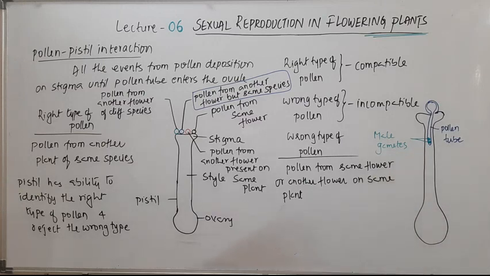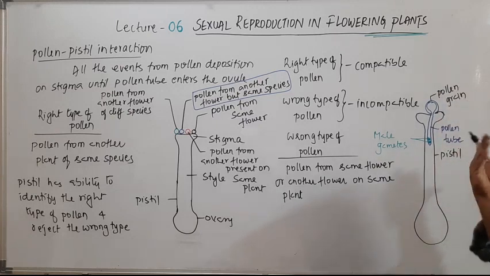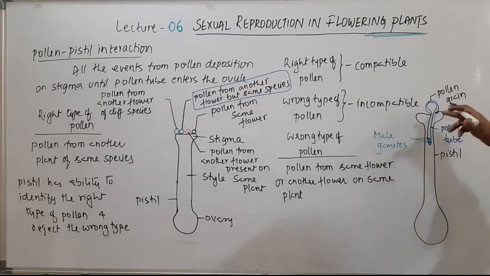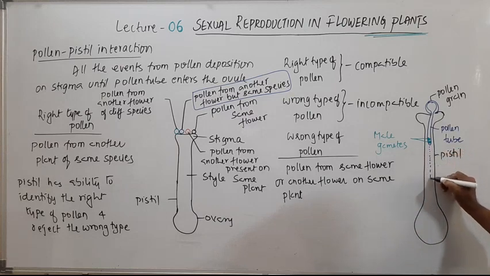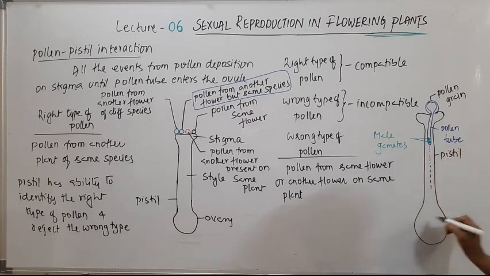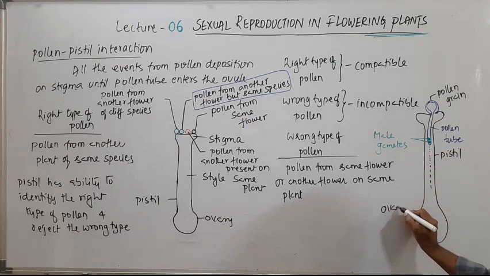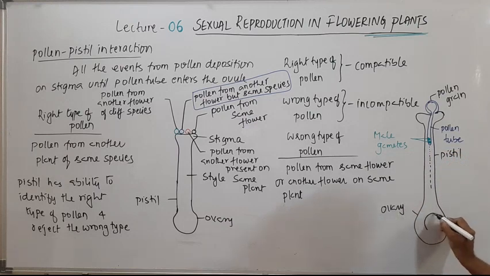Once that is completed, the pollen tube starts growing through the tissue of the pistil. So this is the pollen grain. Of course, a little detail I will be discussing in the coming videos. So this one grows through this, and here you see inside the ovary there is an ovule present.